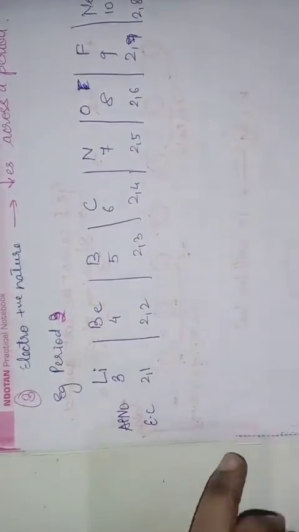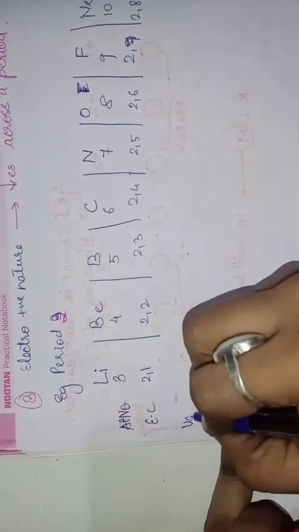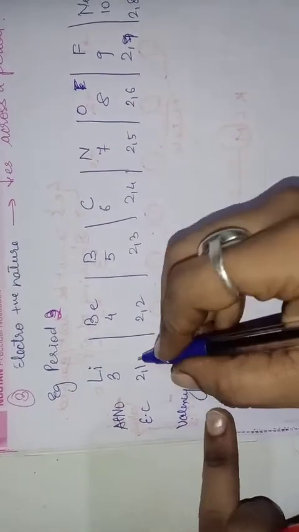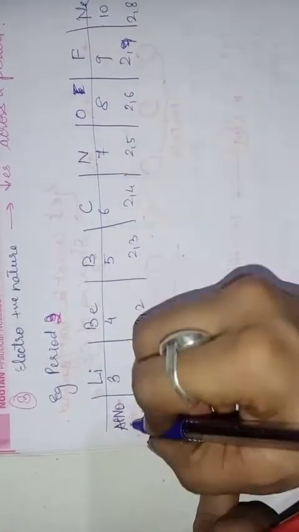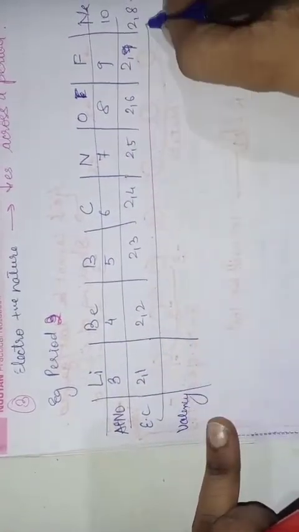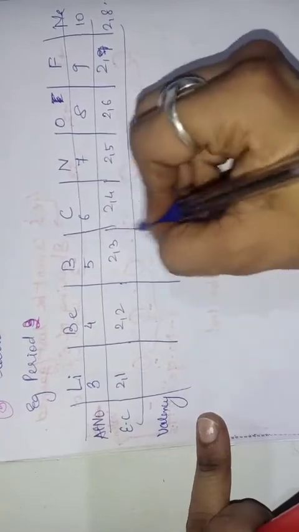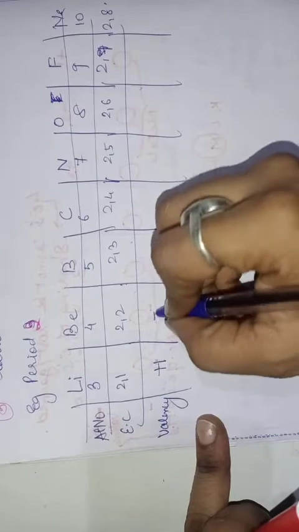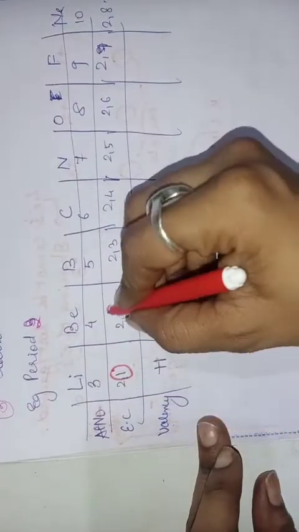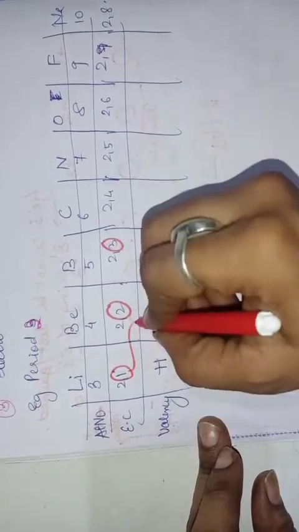Now see here. What is the valency for lithium? Children, valency. Let us make another table here. Valency of lithium is +1. Beryllium +2, because it can lose how many electrons? +1 will be lost, +2 and +3 will be lost.